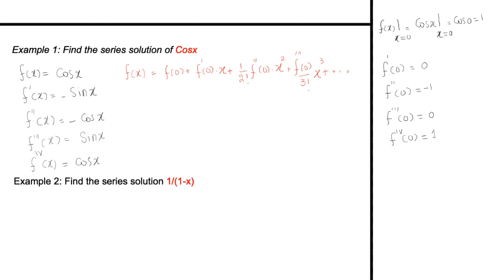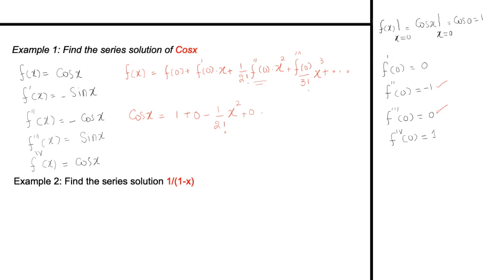Now the given function is cos of x, f of 0 is 1, f prime 0 is 0, and f double prime is minus 1. So that will be minus 1 by 2 factorial x squared. Again, the triple prime vanishes, so this will be 0.